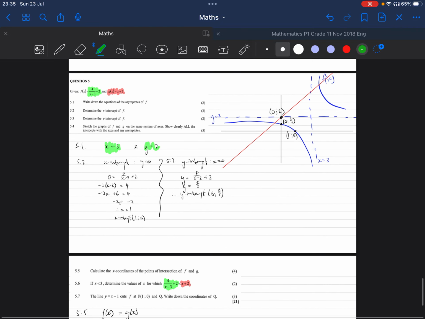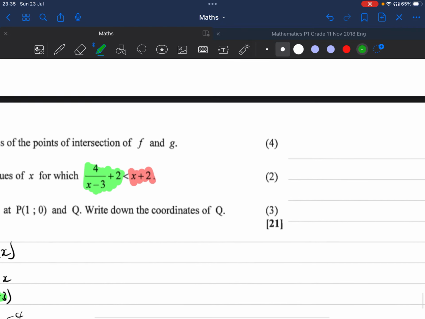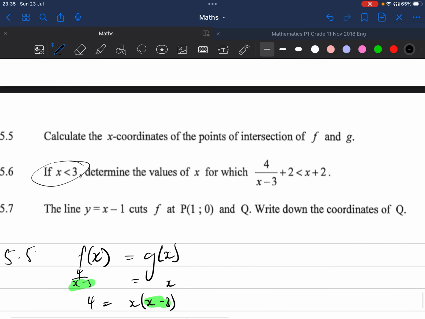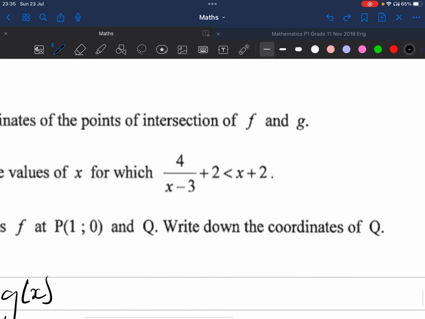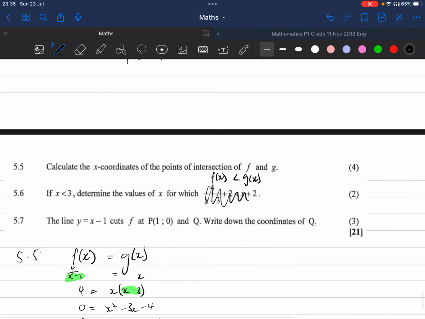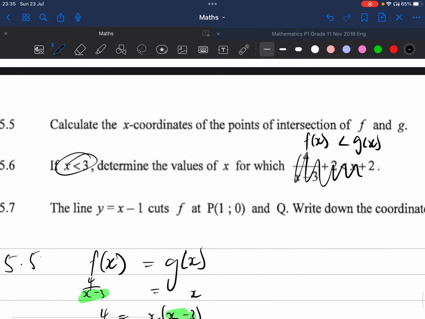So the question is basically asking, let's write this in a way that makes more sense. For which values of x will f of x be less than g of x? Okay, so we can just ask the question as it is, right?